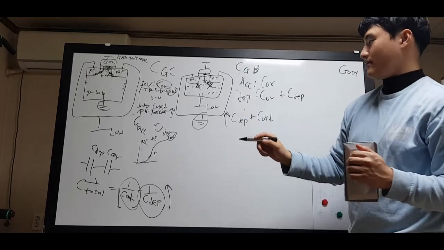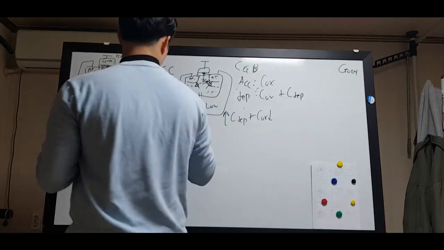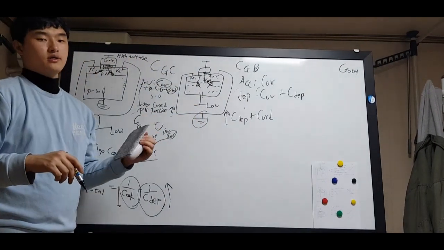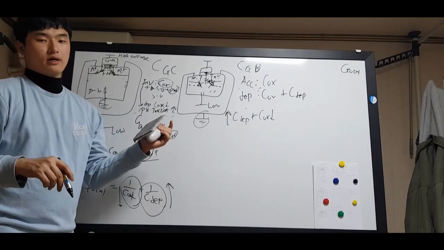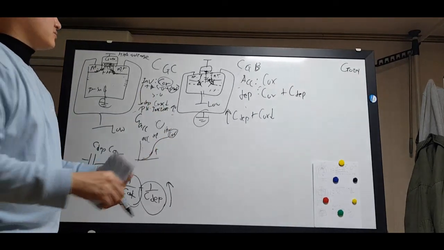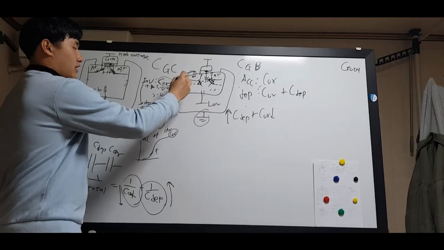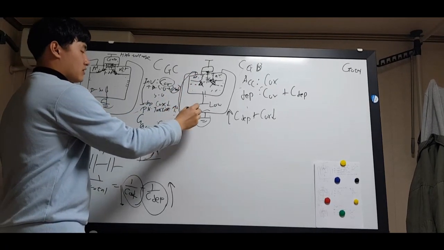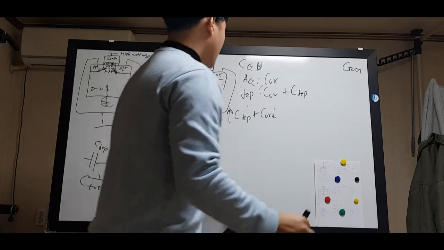Here we ignore the capacitance of the P-N junctions between the source and drain to the body substrate. Look here, it is heavily doped and the silicon is grounded.